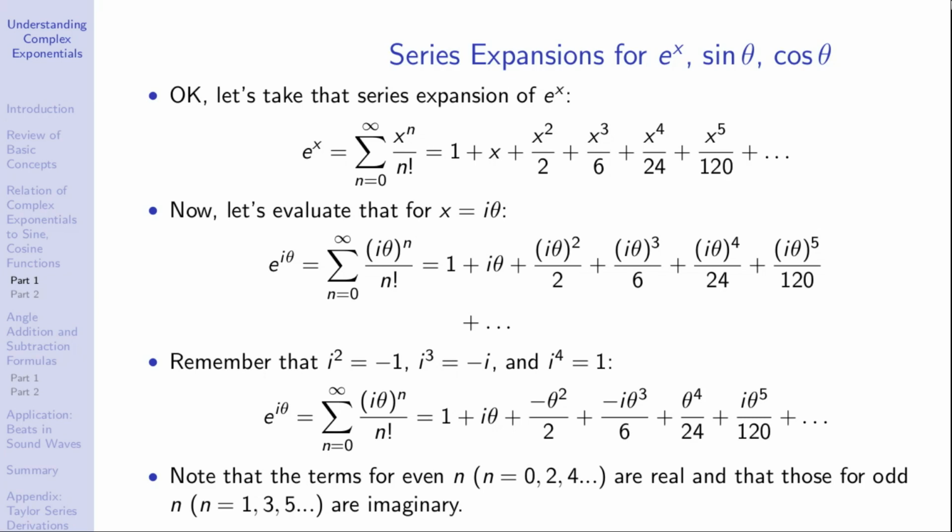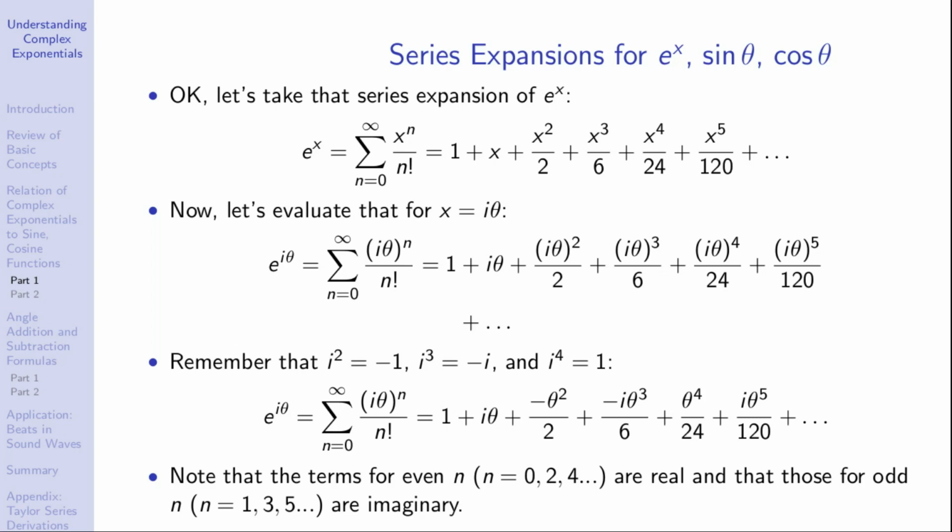Okay, next let's remember that i squared equals minus 1, i cubed equals minus i, and i to the 4th equals 1. So we can slightly rewrite each of the terms in this series. The first term, 1, just stays 1.